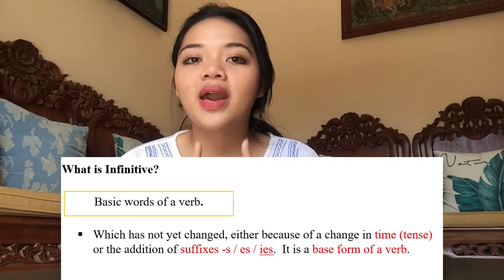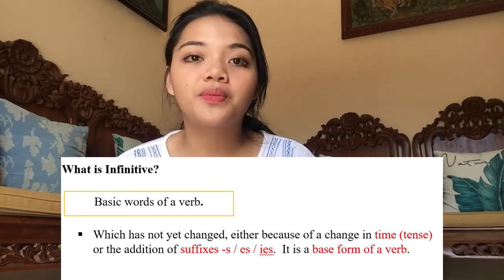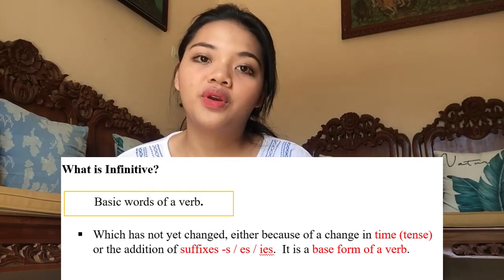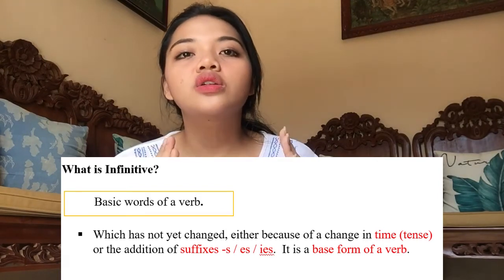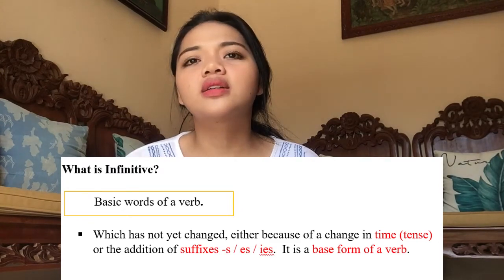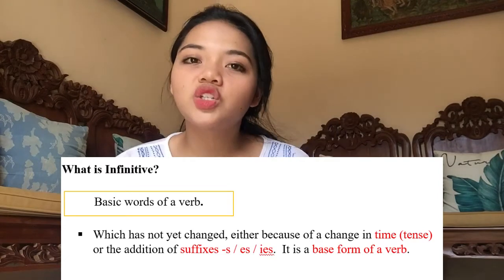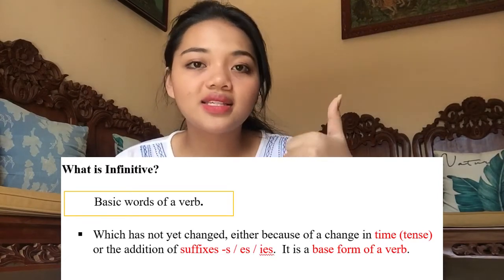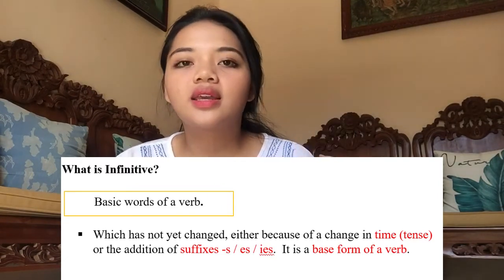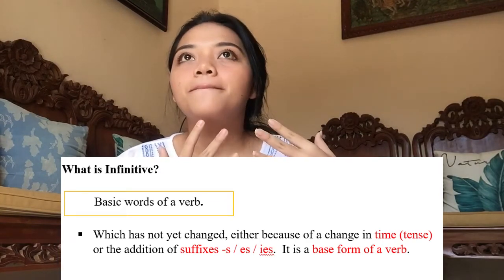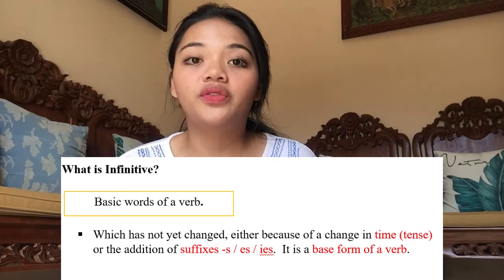Infinitive is a basic word of a verb. Remember, basic word of a verb, which has not yet changed either because of a change in time or tense or the addition of suffixes like s, es, or ies. So infinitive is the base form of a verb.